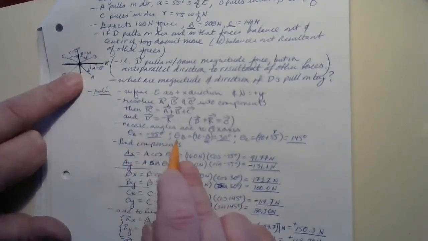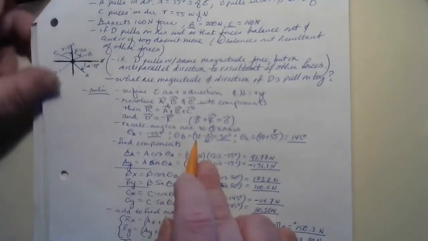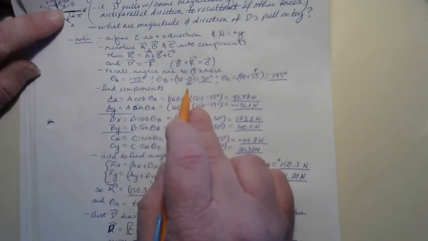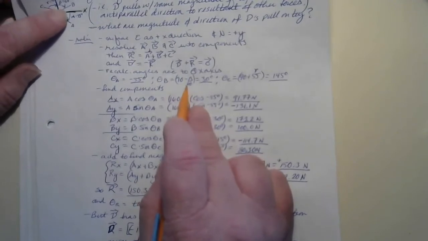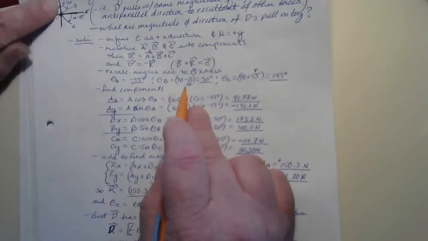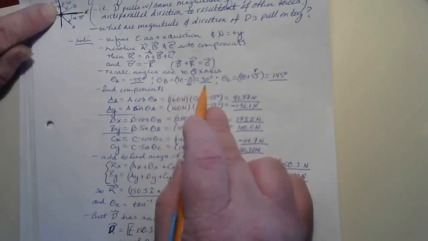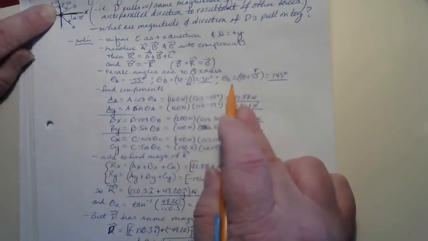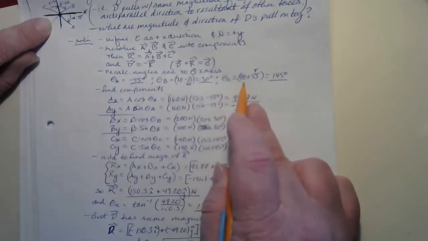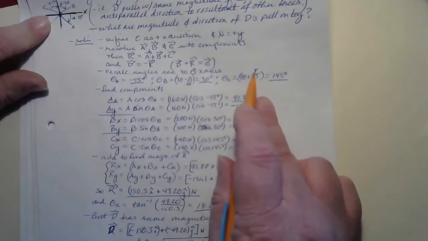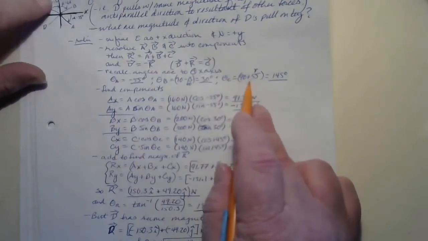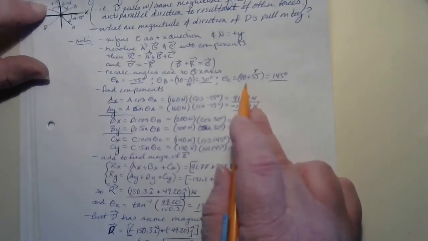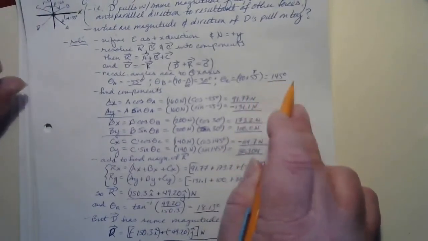Theta for dog B is going to be 90 degrees minus beta, which was 60. In other words, it is 60 degrees short of the 90 degree mark, which would be the y-axis. So that's 30 degrees for theta B. And theta C, the angle for dog C, is going to be 90 degrees plus angle gamma. In other words, dog C is pulling at an angle 55 degrees beyond 90 degrees. And so that's 145.